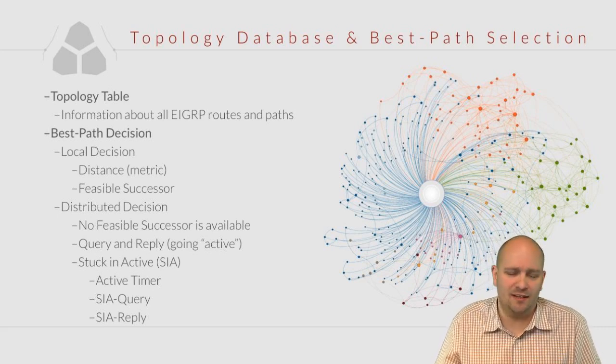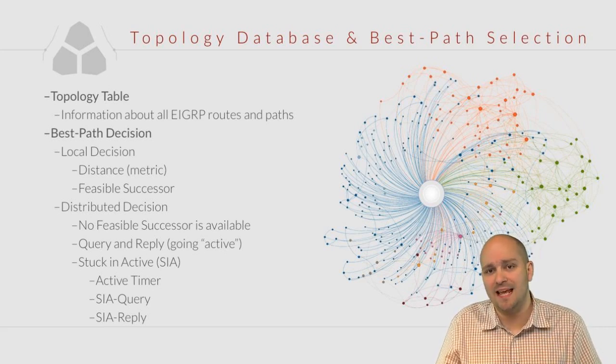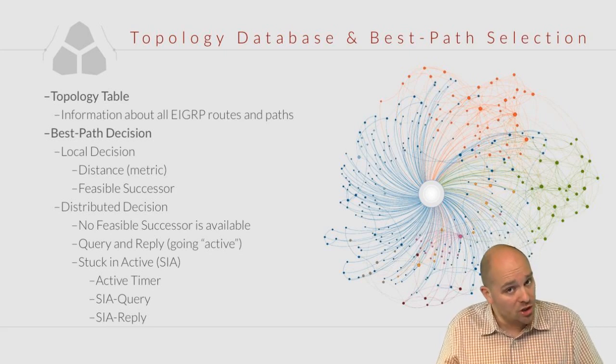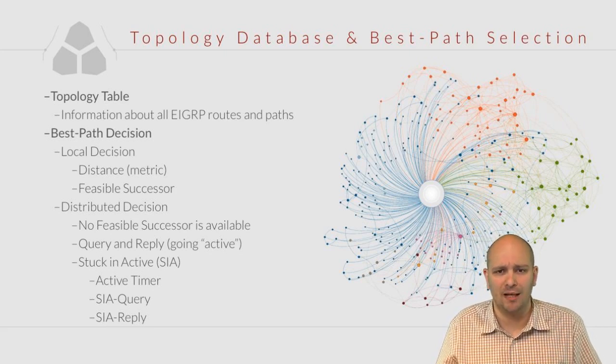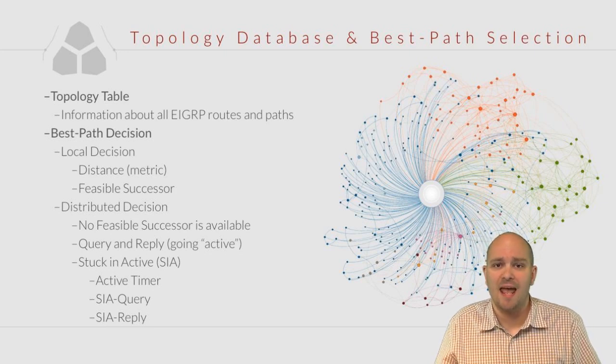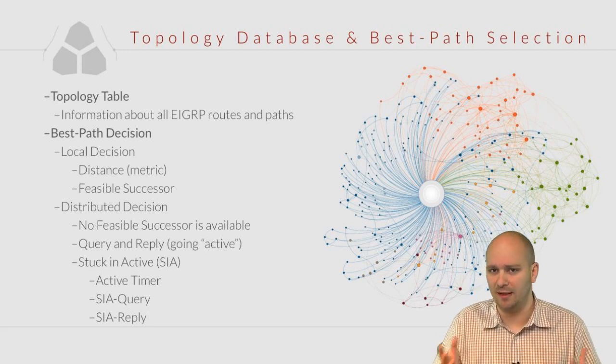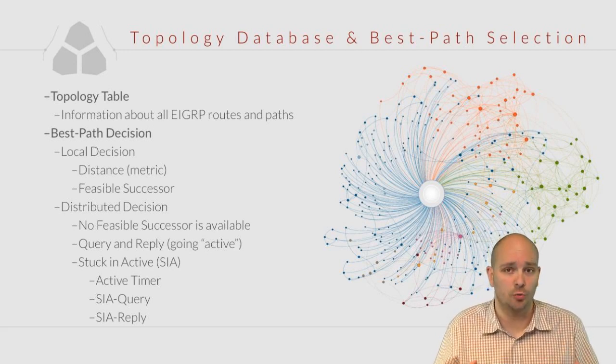What going active in terms of EIGRP means is that the router needs to go out and ask the neighbor from which it learned this route, is it okay to use this route? This is done using an EIGRP packet, a new message that I mentioned before but never explained, which is the query message.